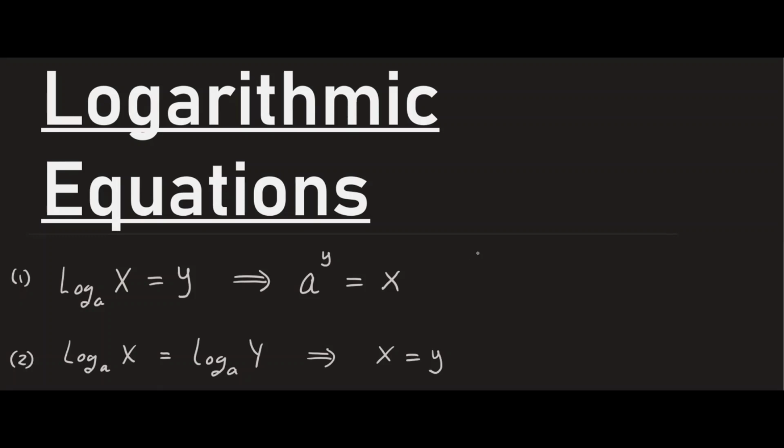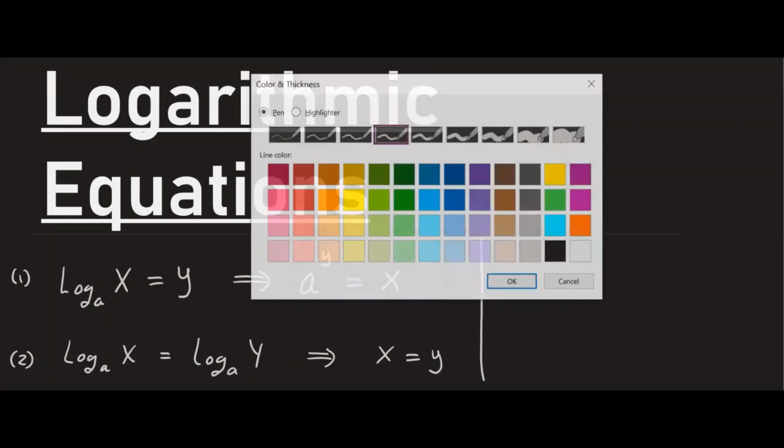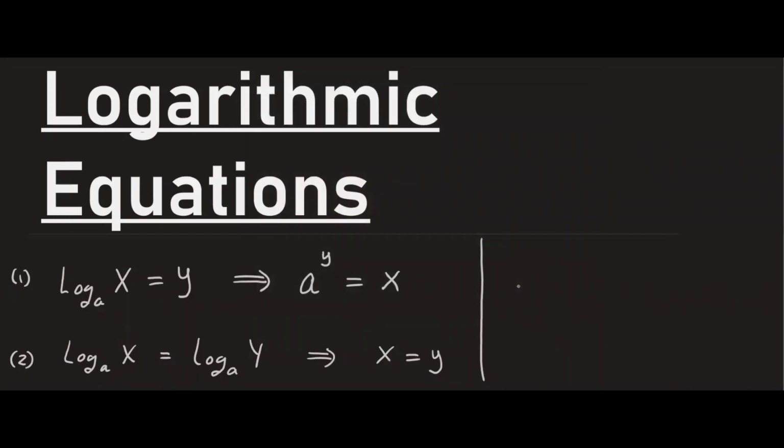Now both of these can be rewritten using natural log. If you remember, we denote natural log using ln and the base is e. So for the first one, we can modify it as: if you have ln of x is equal to y, we know ln has base e, so you can rewrite this as e to the power y equals x.